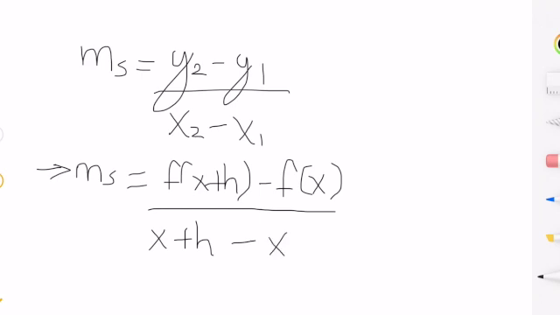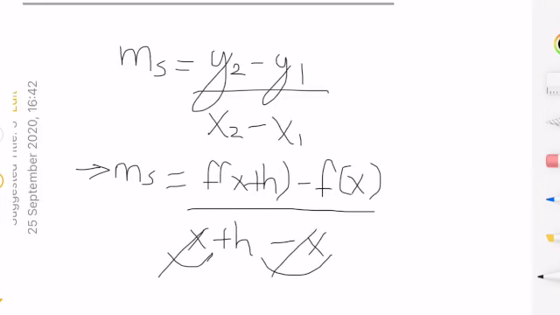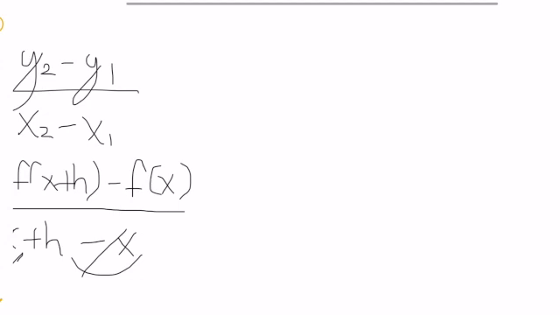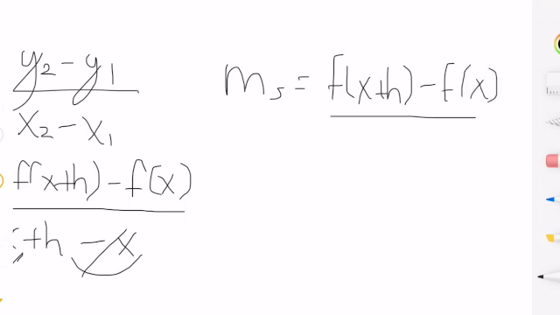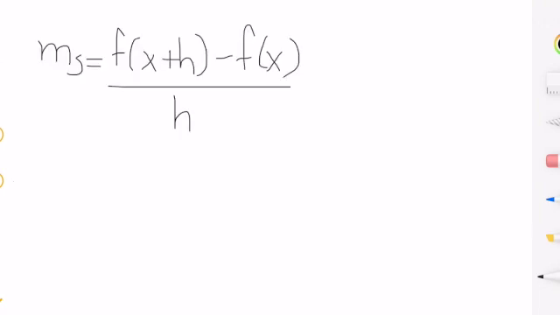Okay, now if we try to simplify it, as in here we have a positive x and a negative x, and they cancel out each other, we will have that the slope of the secant line equals f of x plus h minus f of x over h.